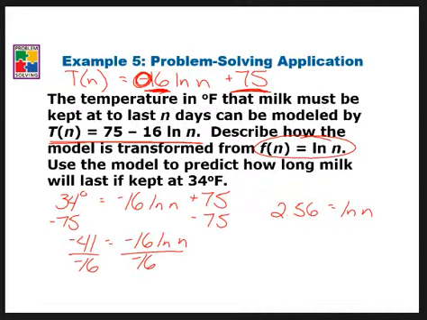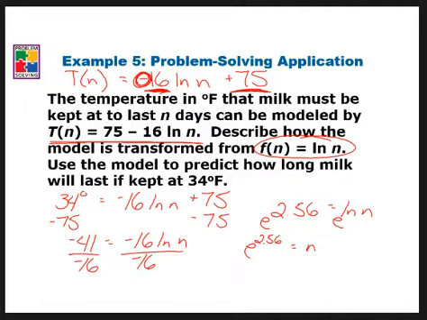Now remember from the lesson before, to get rid of natural logs, remember natural log has a base of e. So to get n by itself, I'm going to exponentiate there a little bit. What that does is it gives me e to the 2.56 equals n. Because remember, natural logs and e's as bases of exponential functions are inverses of each other.